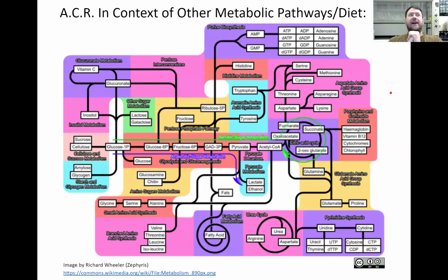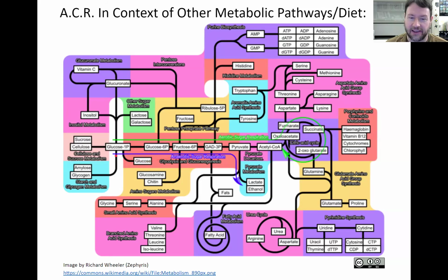Okay. If you want the big picture of metabolism, this is, well, kind of it. It's actually probably even more complicated than this, but this aerobic cellular sugar respiration story that we've been telling is here, right? So that's pretty interesting. It's just a small part of the big picture.